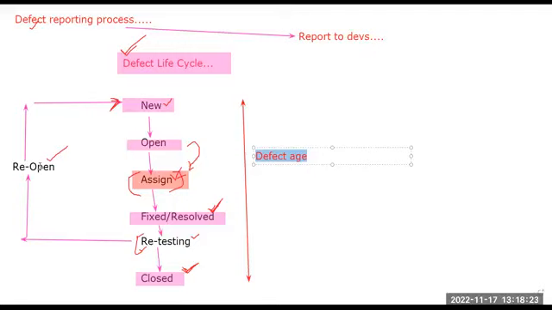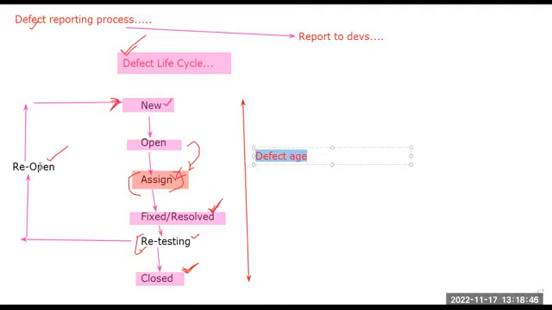Just explain that as a QA, whenever we get a defect, we have to report it to the developers. After reporting it, the development team will check the defect, open it, and assign it to one dedicated developer. Once the developer resolves the defect, they will change the defect status to resolved.